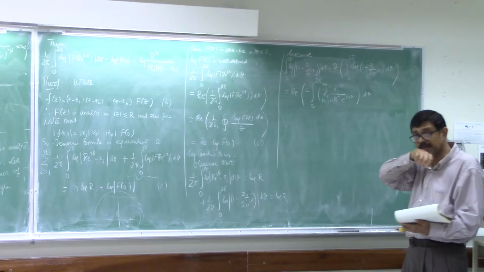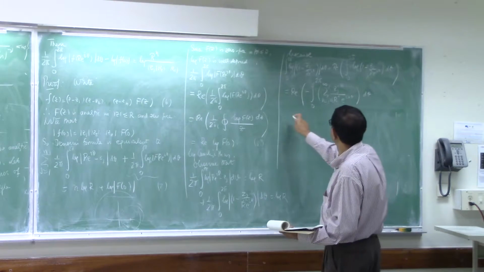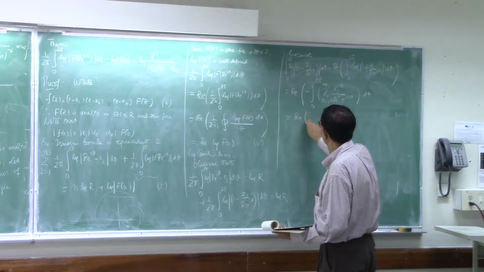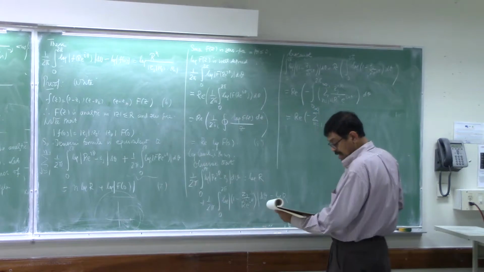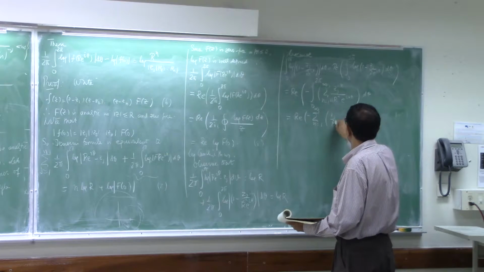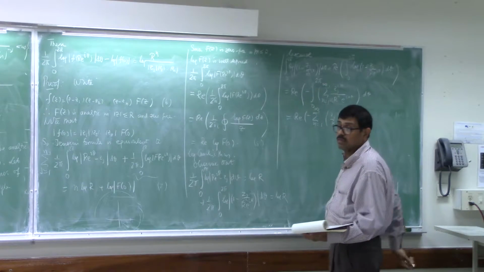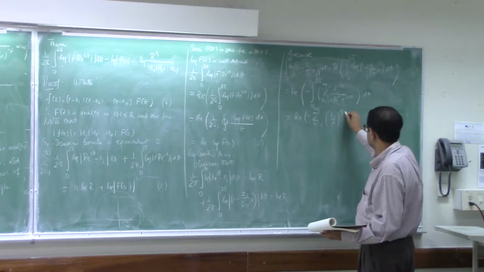This is the power series for the logarithm. And I can interchange the summation and integration, and I will get outside zj over r to the power of n. We take it outside and put an n outside.